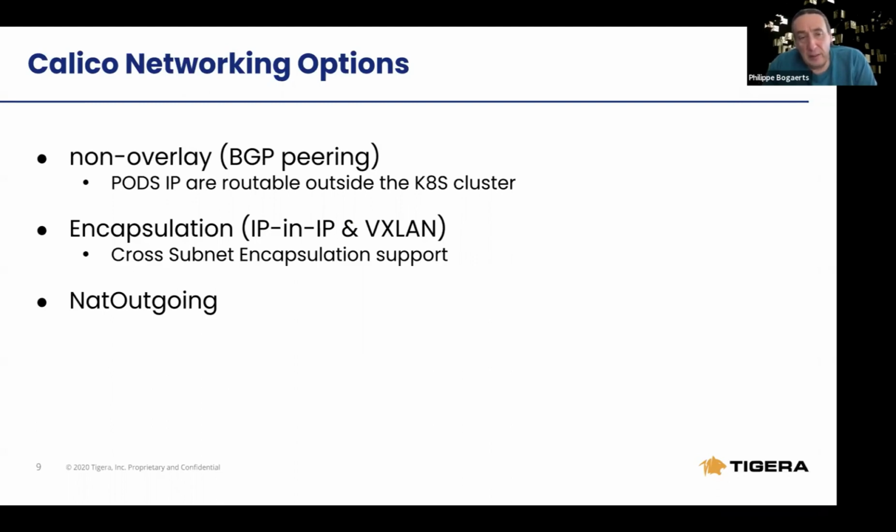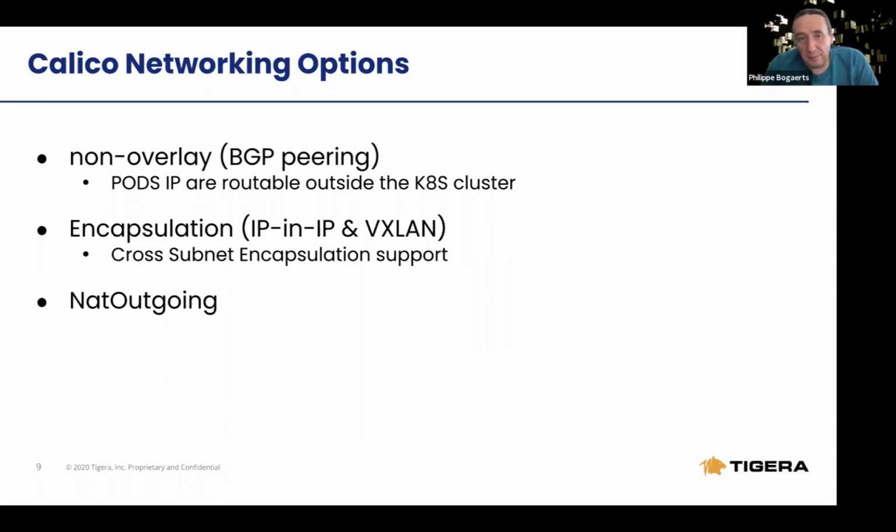Quite often, we use an encapsulation technique like IP-in-IP or VXLAN. The default one is IP-in-IP. That means that traffic in between nodes, the packets, are actually encapsulated inside of IP tunnels.